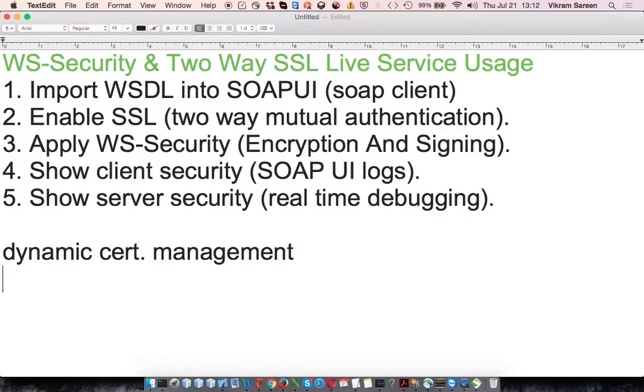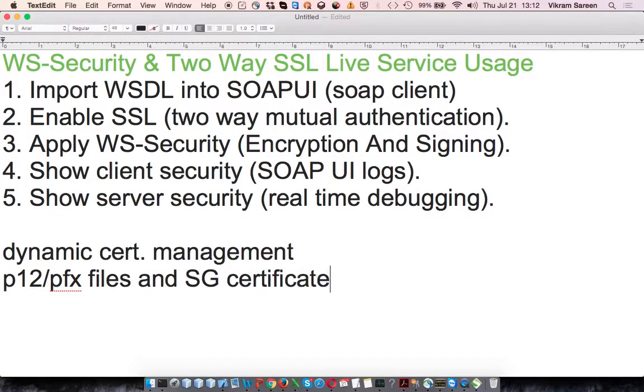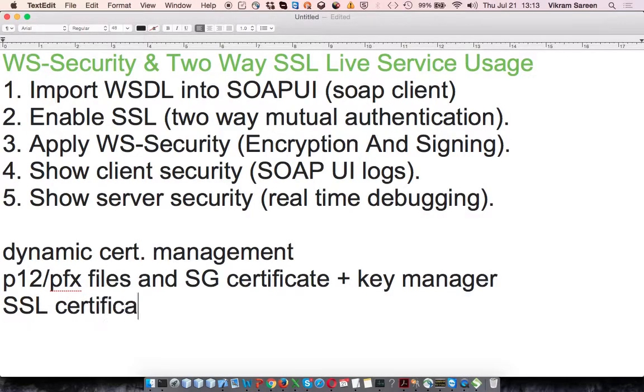Then you can actually use P12 and PFX files, and Service Guard is basically a certificate manager plus key manager for you. Then we have the SSL certificate, so you can have HTTPS with client side, and then client authentication, or client auth they call it.